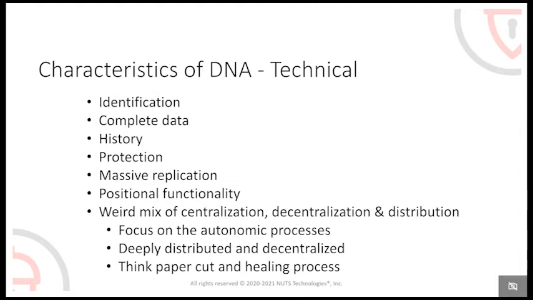So we decided, let's look at the stuff that works for us automatically, autonomic processes. When you look at autonomic processes, they're very deeply distributed and decentralized. Think of a paper cut and the healing process.